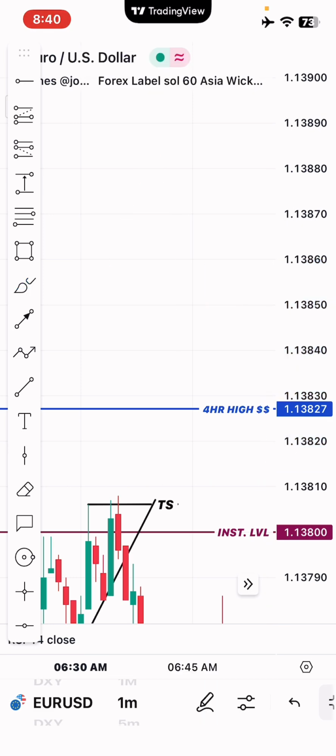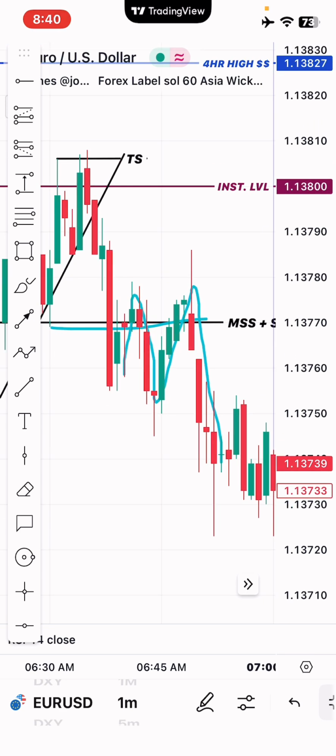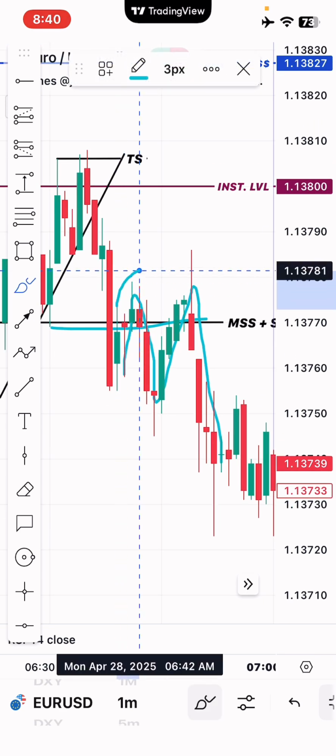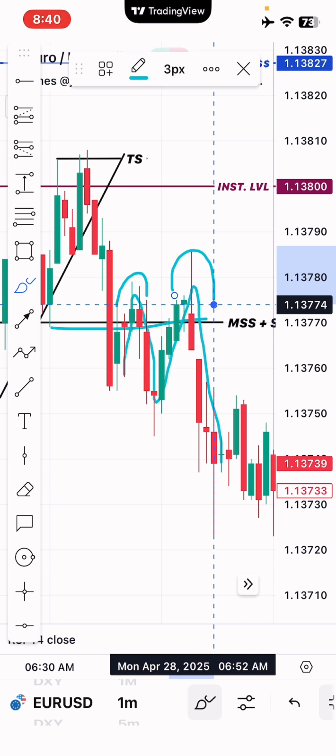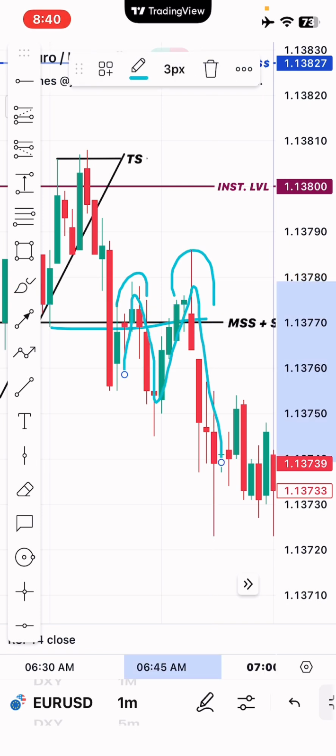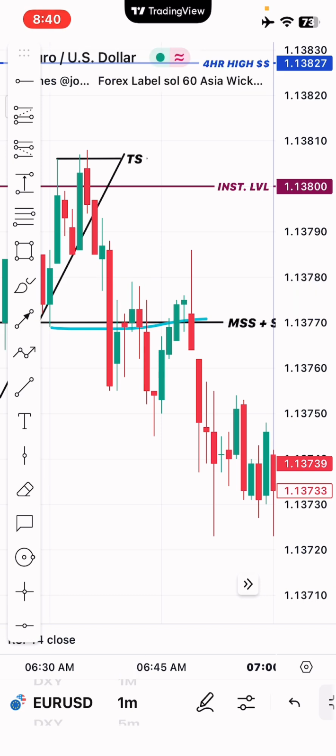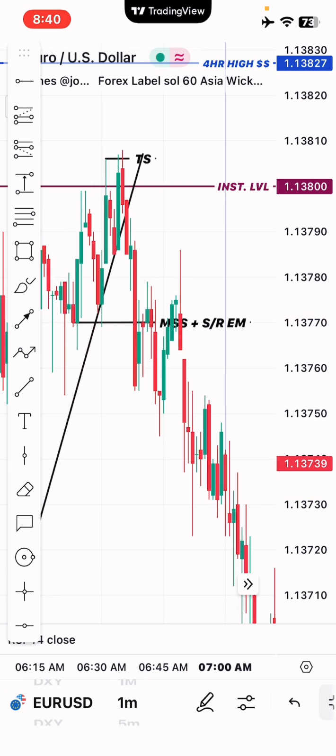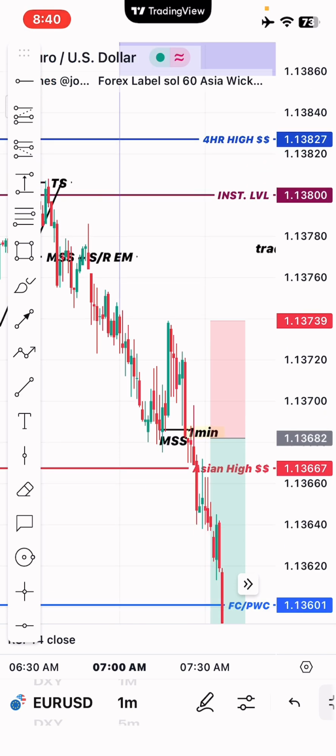So as I was saying, price retested the level thrice, showing you that we are bearish. So I was just following the price action.